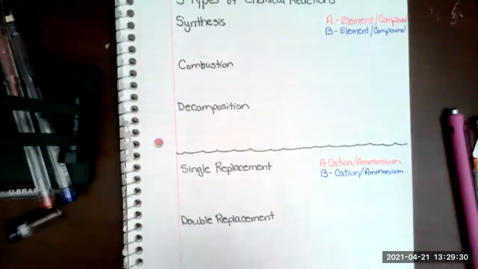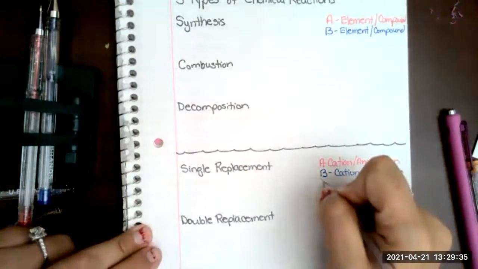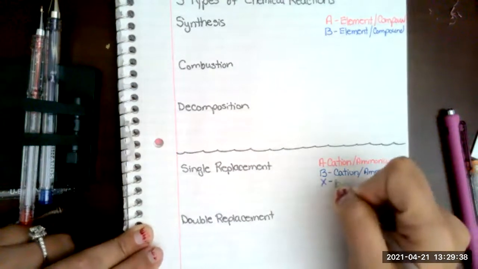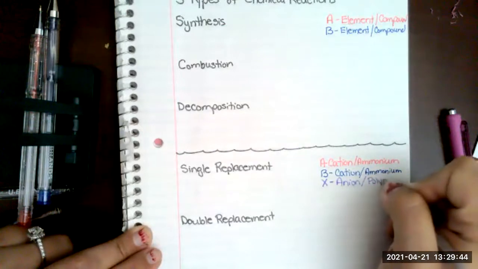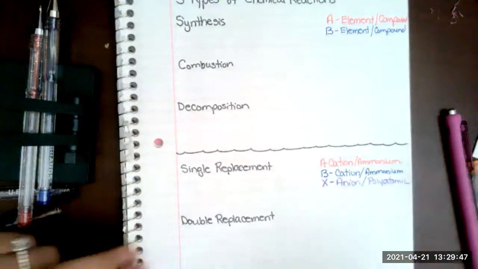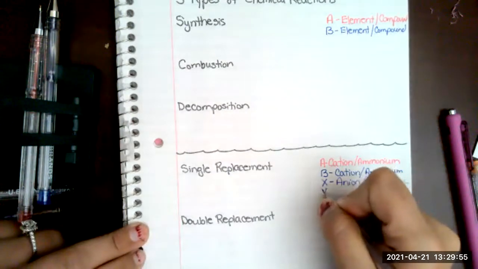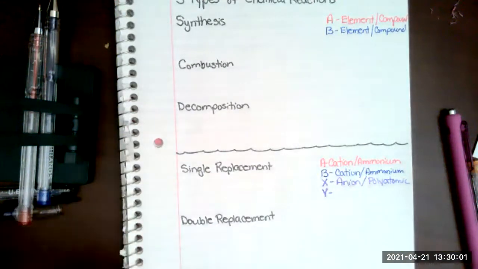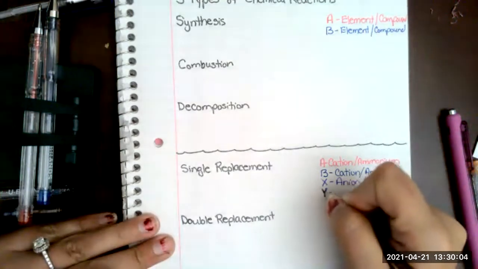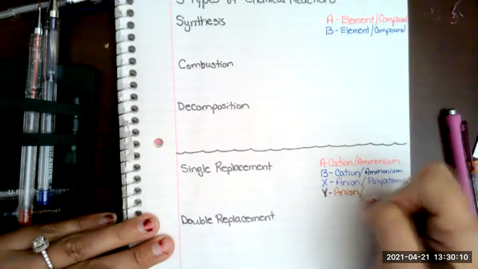Then there's 2 additional parts of single and double replacement. You have your X, and your X is your anion or polyatomic. And then you have a Y, and that's the same color. It is also going to be an anion or polyatomic.